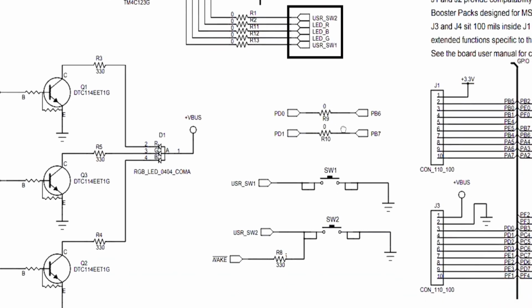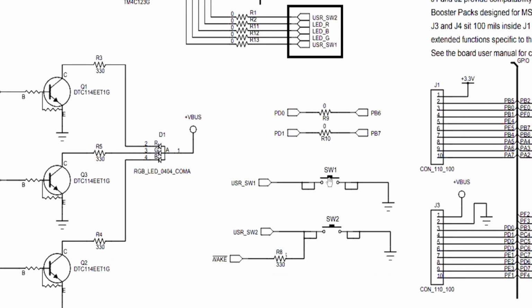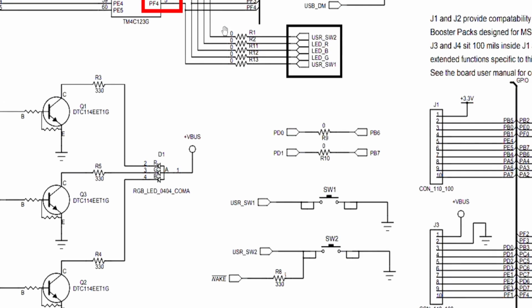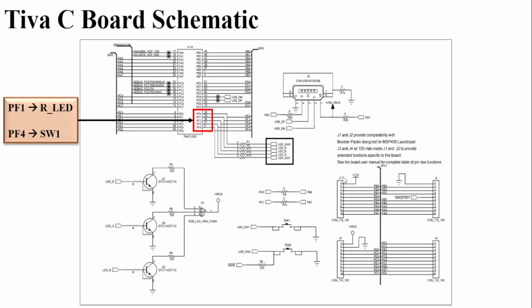More important is that when the switch is open, by default, it is connected to 5 volt, and the moment we press the switch, when it is short circuited, the voltage at the pin goes to 0, or ground. So the moment we press switch 1, the voltage at PF4 will go to 0. We will make the program accordingly so that when the switch is pressed, the LED should toggle.